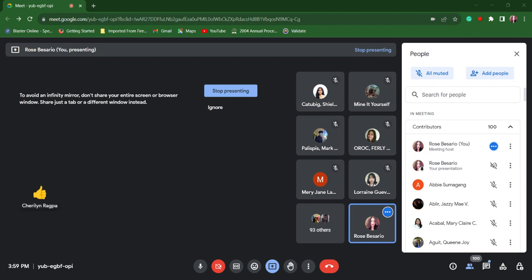For the other half, the computation: how much are the sales? 15,000,000 times 15% equals 2,250,000, right? This is what will be paid on May 1, 2024.